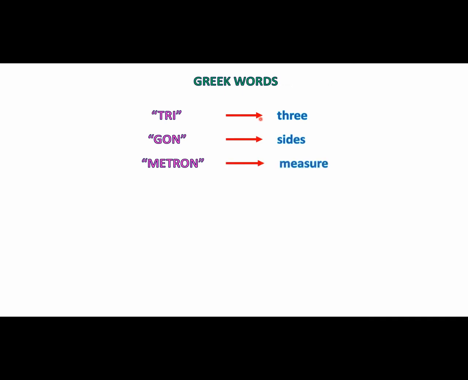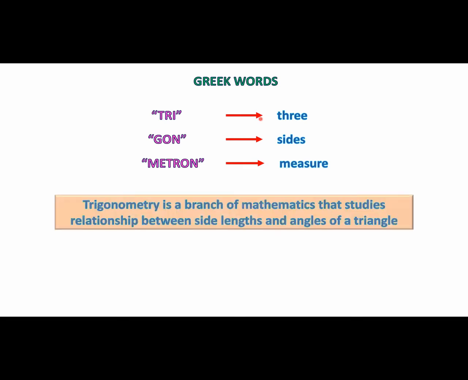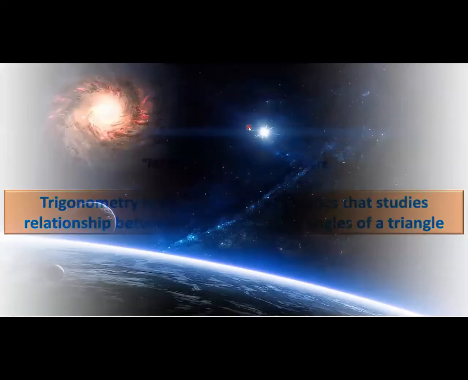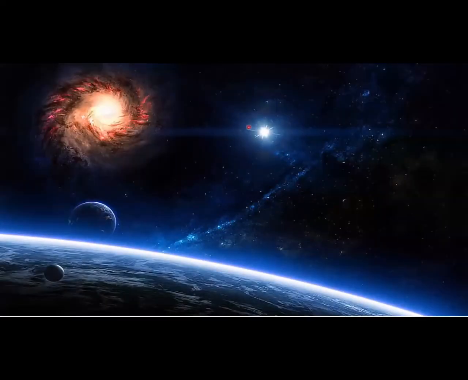In fact, trigonometry is a branch of mathematics that studies the relationship between side lengths and angles of a triangle. In ancient times, trigonometry was used to find out the distances of the stars and planets from the earth.